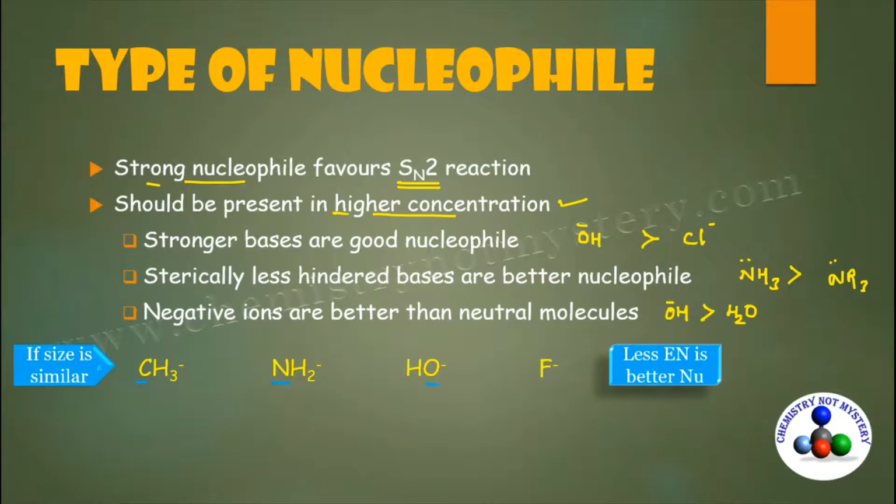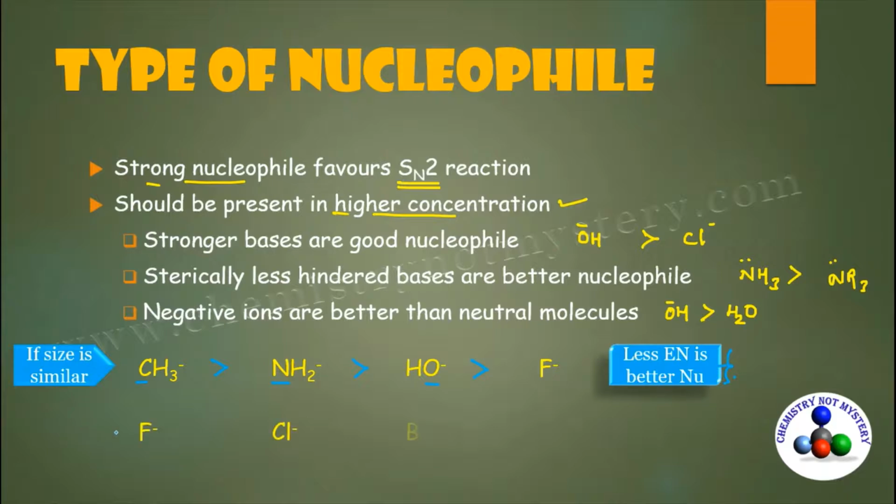That means they almost have similar size. If the size is similar, then the less electronegative will be your better nucleophile, because being less electronegative, it can share electrons easily. So that's why CH3- will be a stronger nucleophile as compared to NH2-, and OH- will be a stronger nucleophile as compared to F-.